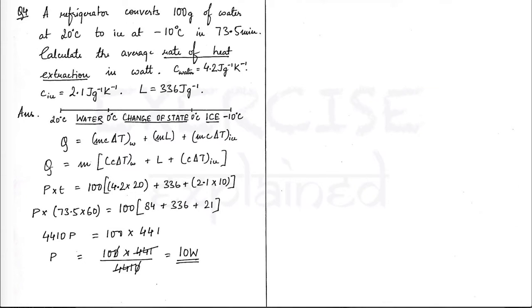So heat can be written as power into time. So we have written Q is equal to P into T. In exercise 11A of calorimetry, I'll put down the link below. You can see there are similar sums wherein we have to substitute heat as power into time. So here also we are doing the same thing.